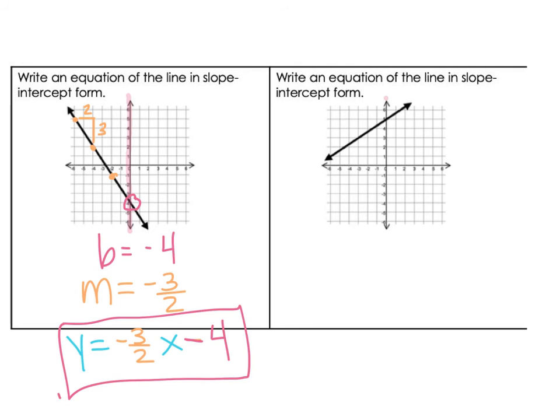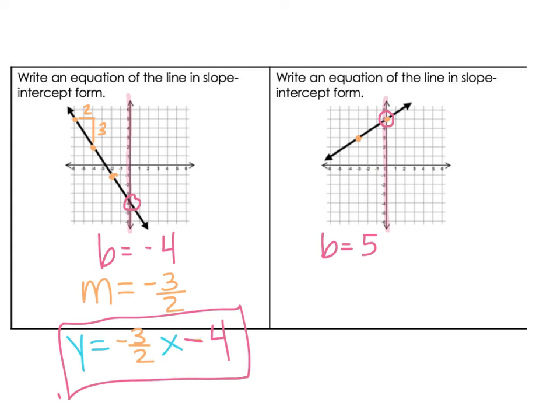So I am looking at my y-axis to find my y-intercept, which it looks like it's crossing at 5. So my b is positive 5. And then I need to count my slope. So again, there's no points. I have to make them or put them on those perfect lattice points. And it looks like there's only 2.